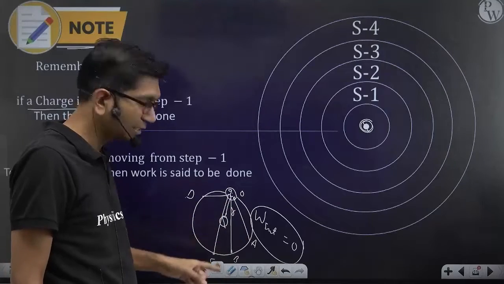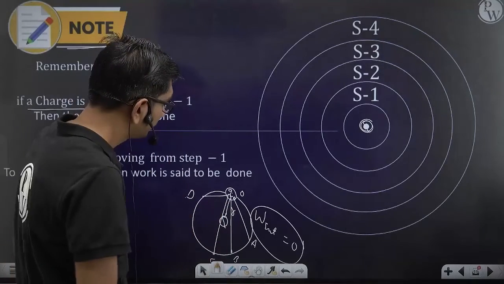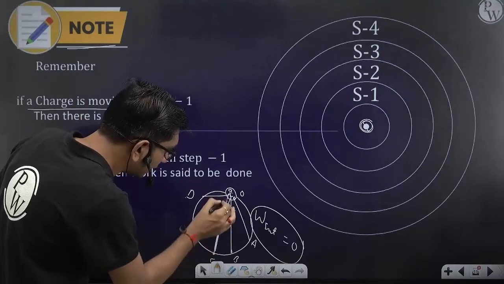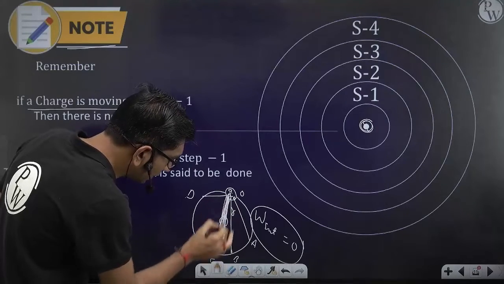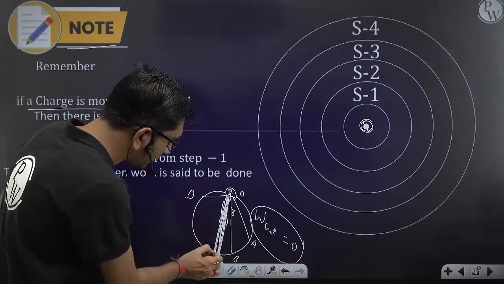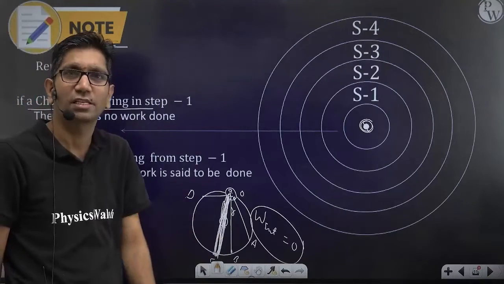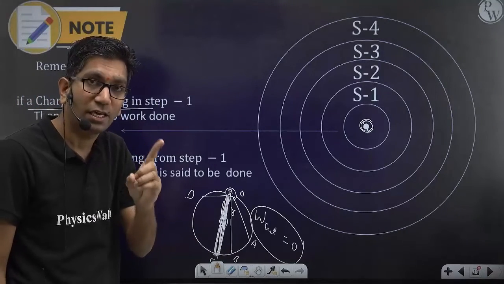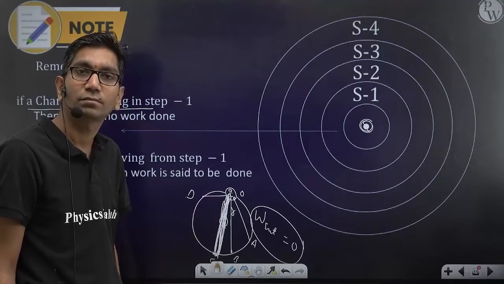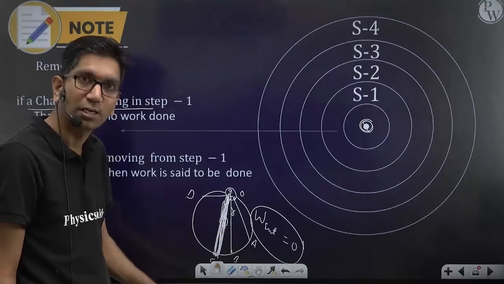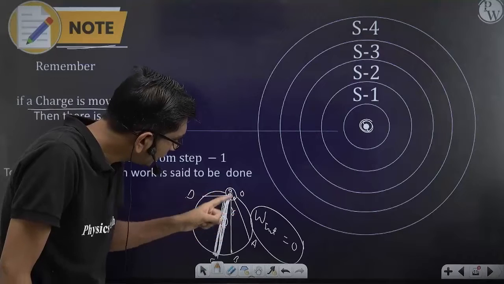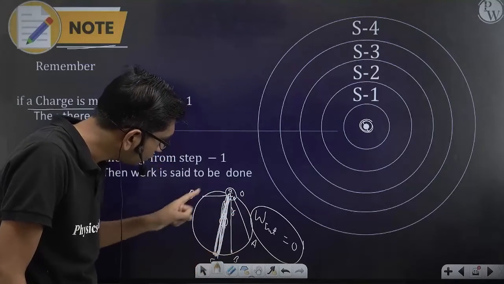You will be thinking, sir, this is like a straight line, no? In this case the work done is more, you will be writing. But it is a wrong answer. Why? I will tell you. I said, this complete circle belongs to you. Correct?